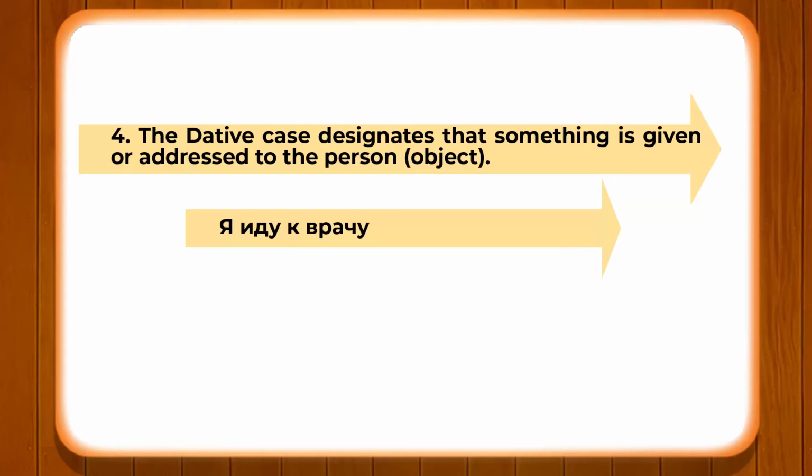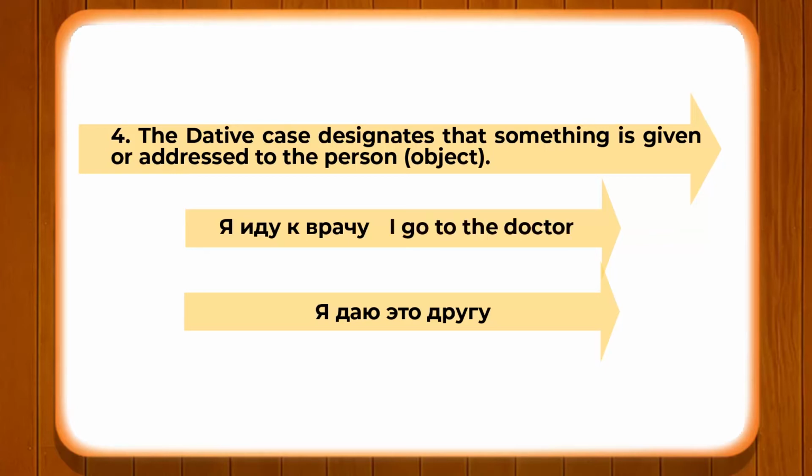Я иду к врачу, я даю это другу. So here in this case, if you see, we have used the глагол or the verb of motion идти. So I am going towards whom? I am going towards к врачу, к врачу. So I am going toward the doctor. So whenever we use this expression of к, it is in dative case.